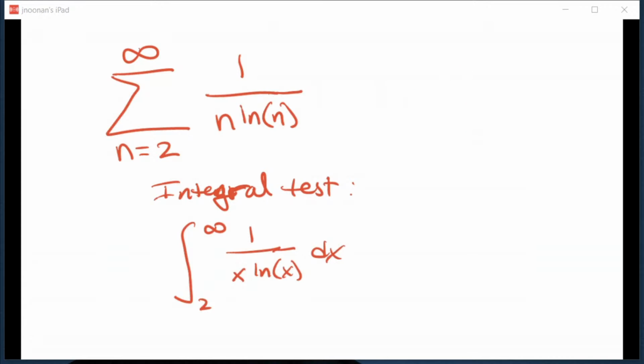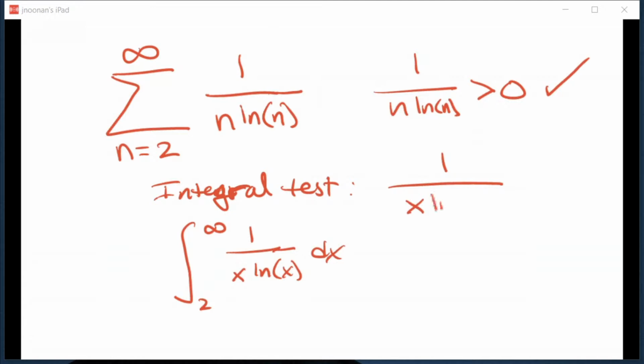is always bigger than 0. That's the first thing you have to check. The second thing you have to check is that 1 over x ln of x is decreasing. I'm not going to actually do this, but the way you would do it is take the derivative and check to see that the derivative was always negative.